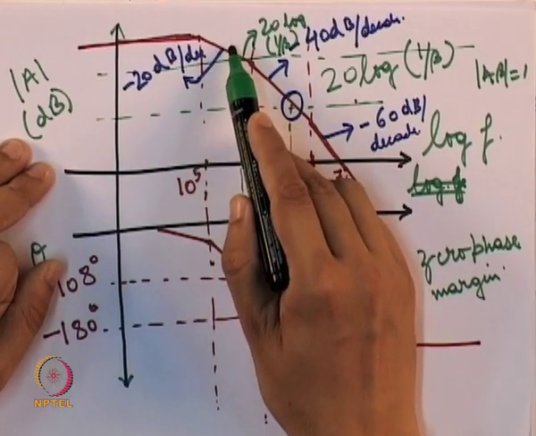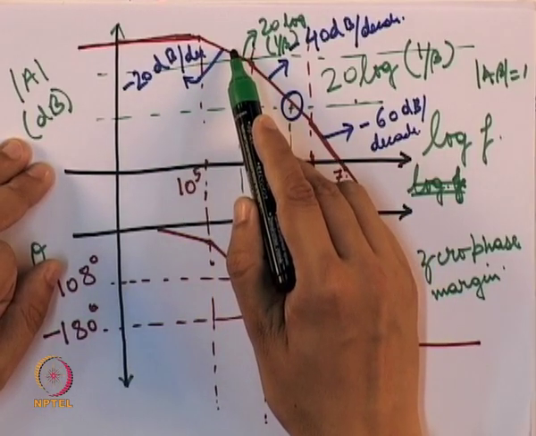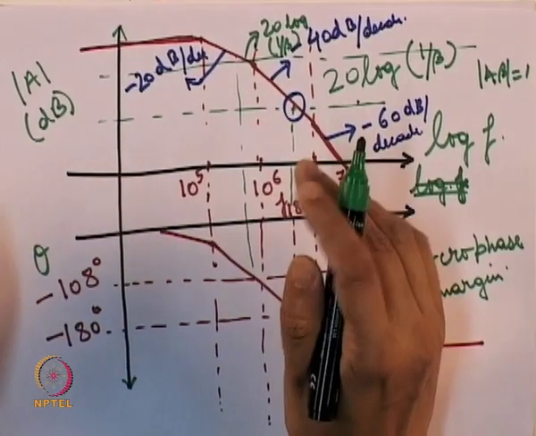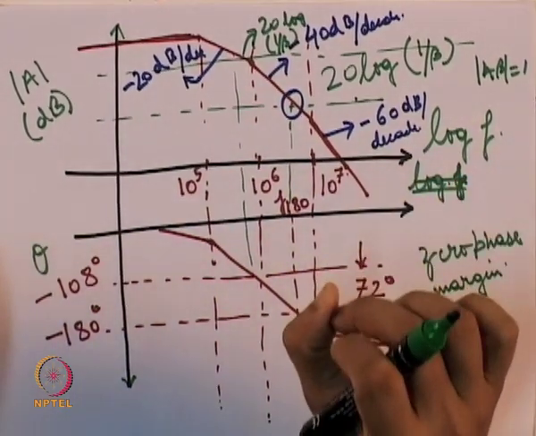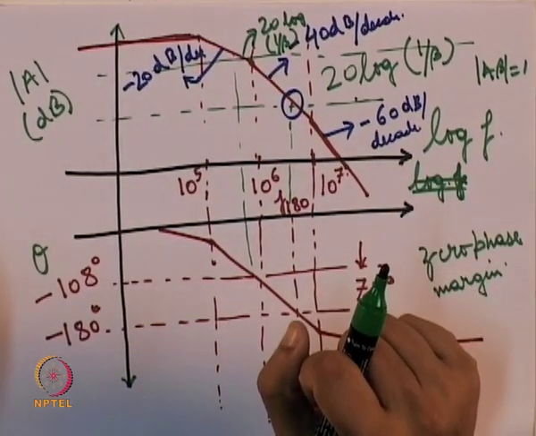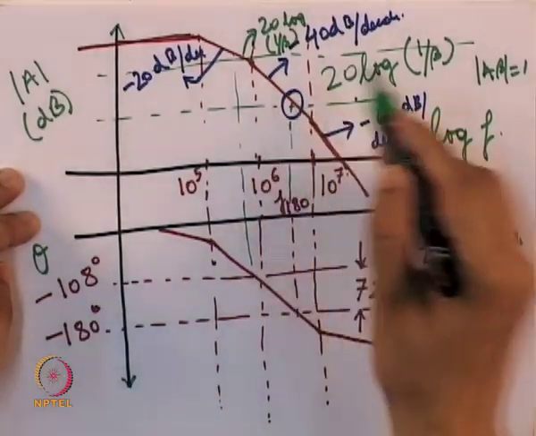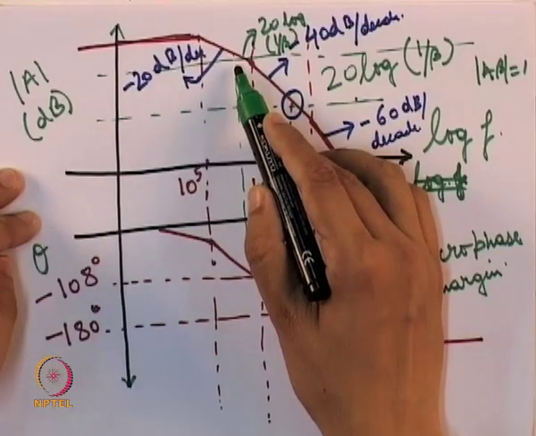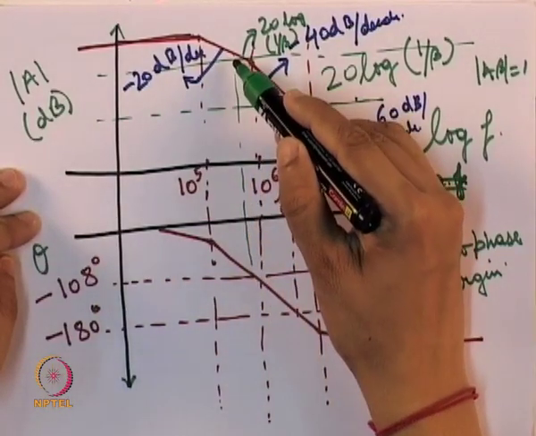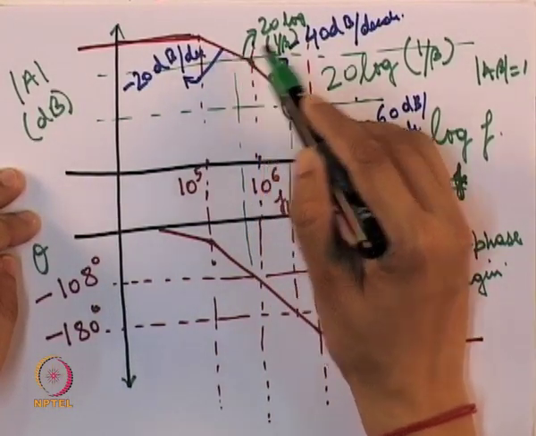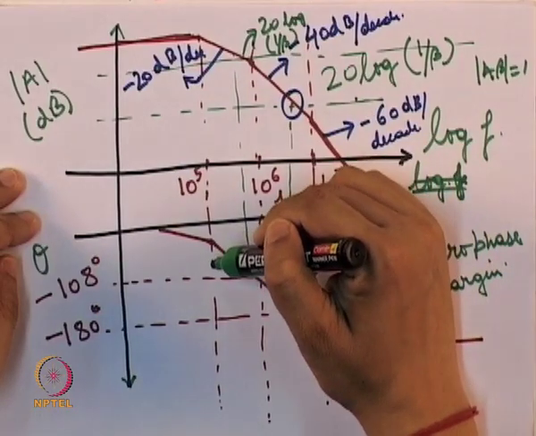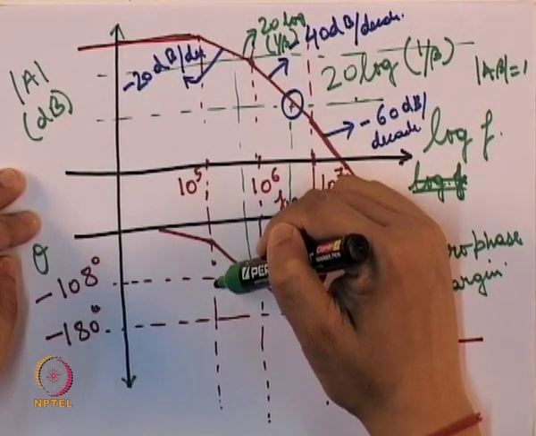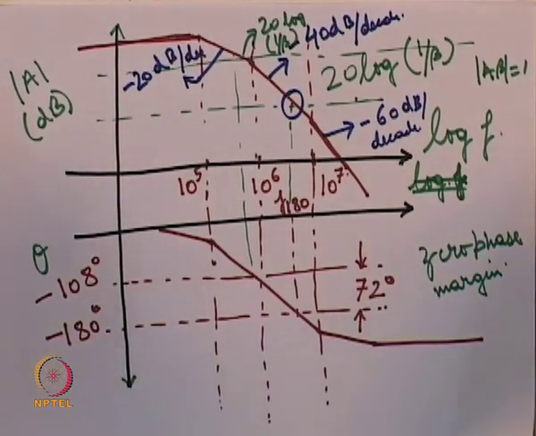But if this green line passes through the minus 20 dB per decade region, then we can guarantee that the closed loop system will also be stable. Why? Because even though the magnitude A beta equals 1 at this frequency, because the feedback line is passing through the minus 20 dB per decade region, the phase will never exceed 180 degree. Since the phase can never exceed 180 degree, the system will continue to be stable.